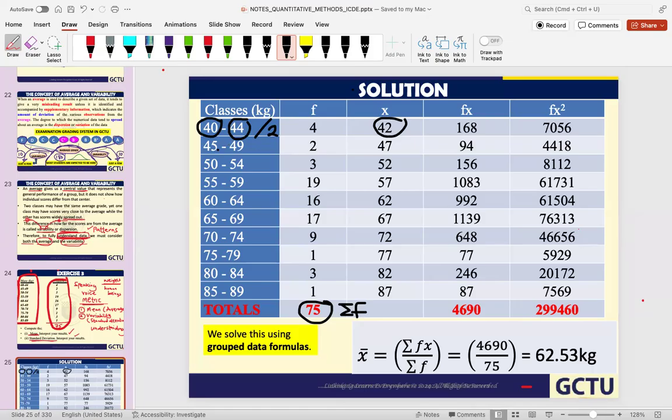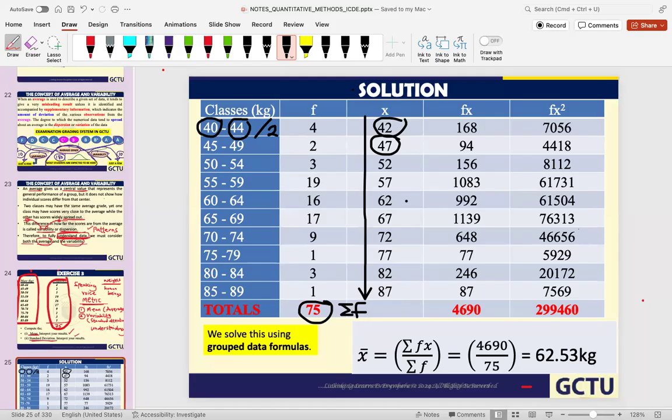You do the same for the second one. 45 plus 49 divided by 2, you have 47. So you keep doing for all of them to generate all these numbers from the top to the 87. So 87 will be 85 plus 89 divided by 2, you have 87.